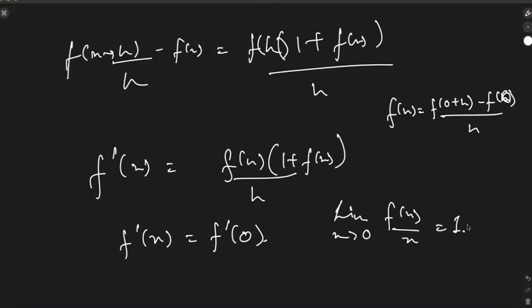So since f(x) upon x is equal to 1, then we can write f(0) upon 0, so f(0) is equal to 0. Now, what we had written was f dash x upon 1 for limit x tends to 0, and this was equal to what? f dash 0. Now this has come out to be 1.